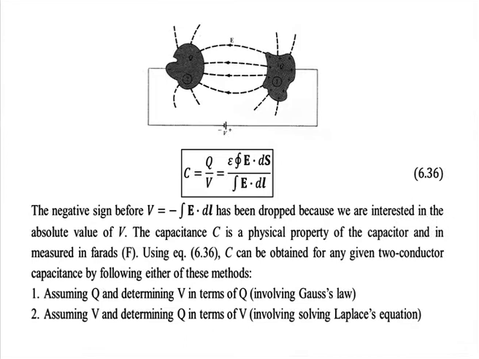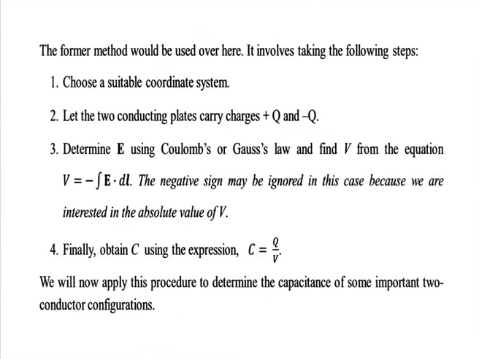First, assuming Q and determining V in terms of Q, that is involving Gauss's law, and second, assuming V and determining Q in terms of V, involving solving Laplace's equation. Here we shall talk about the former method.